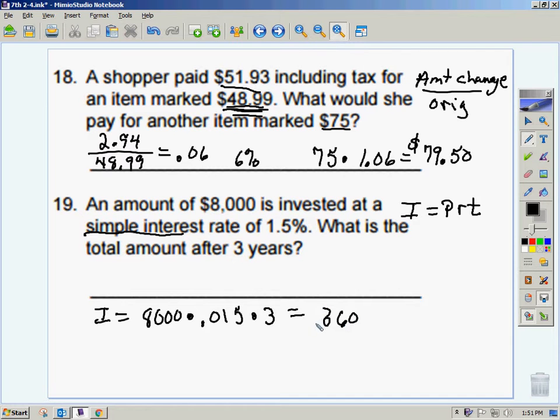So the amount of interest is $360. It says, what is the total? So what do I have to do with the 360? I've got to take 8,000 plus the 360. $8,360.